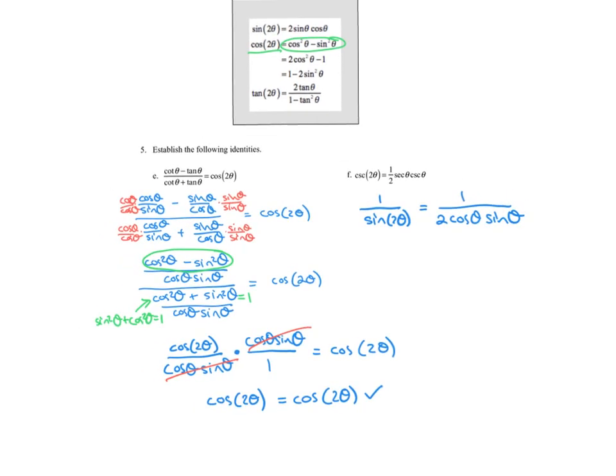And if we look up at our identities, we have this identity right here, sine 2 theta equals 2 sine theta cosine theta. So I can replace either side. If I leave 1 over sine 2 theta on the left-hand side, I can rewrite the right-hand side, replacing 2 cosine theta sine theta with sine 2 theta. And I have showed that those two are equivalent expressions.